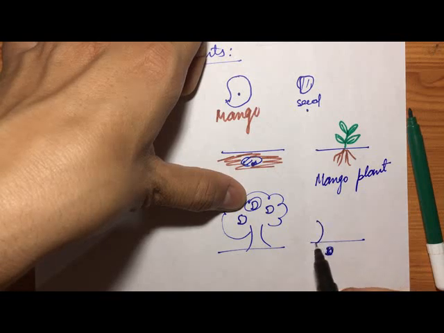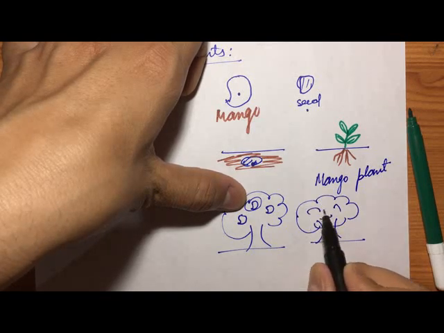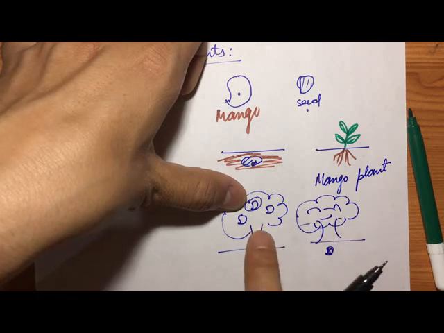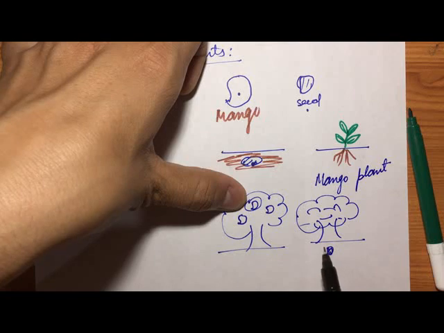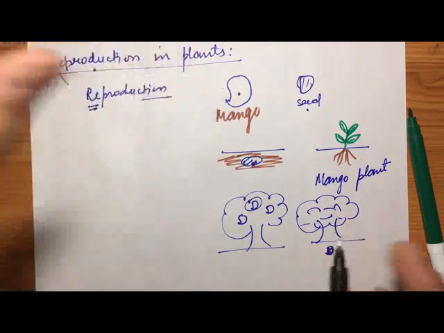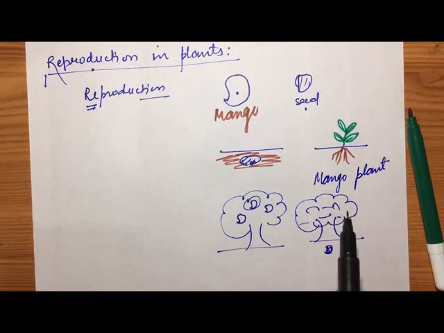Okay, then after some years I will get another mango tree. This was the mango tree. After eating this mango, I buried its seed here, and after some years I will get another tree. Okay, so it reproduced.